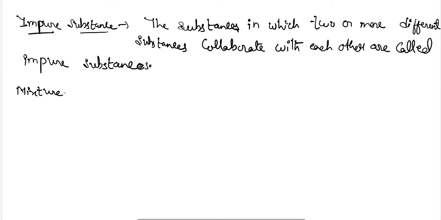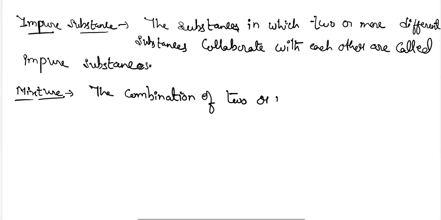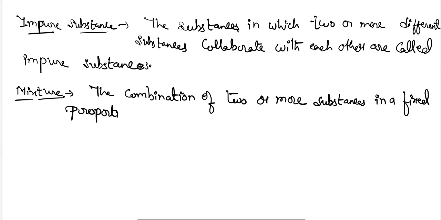For impure substances the type is mixture. A mixture is the combination of two or more substances in a fixed proportion. Now, there are types of mixture.